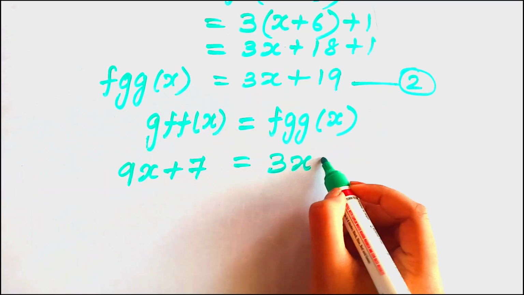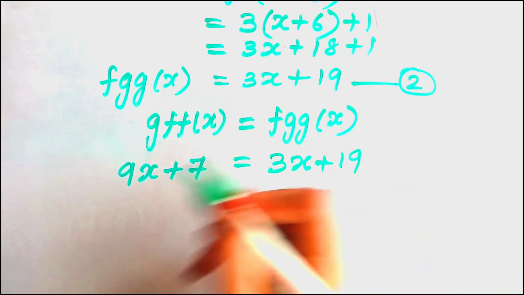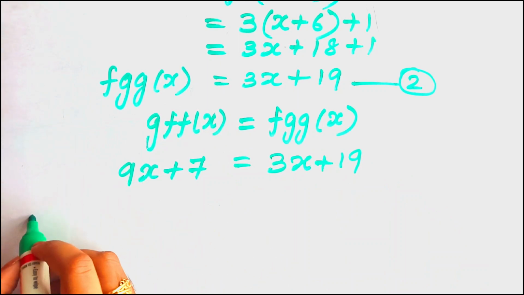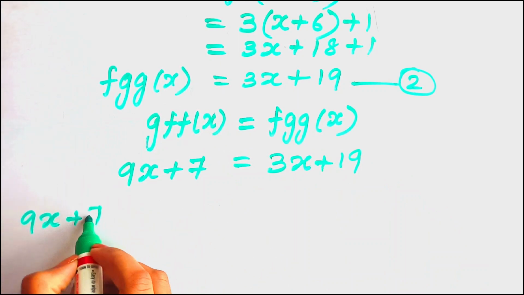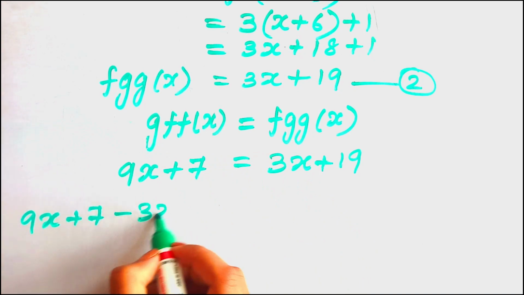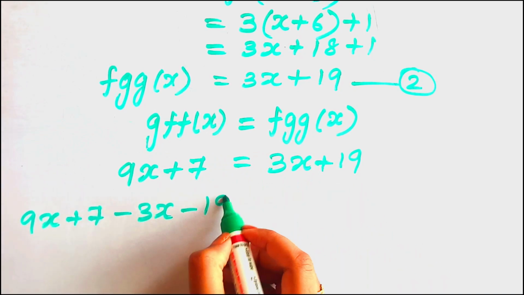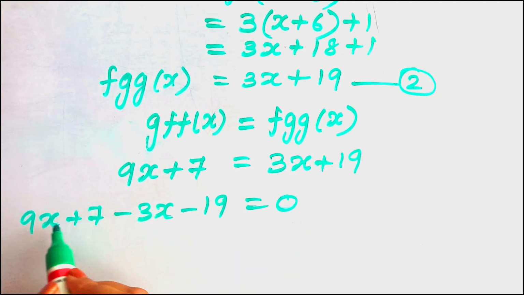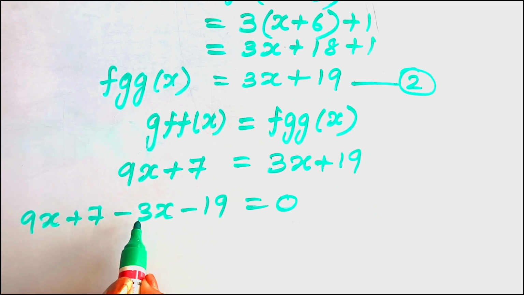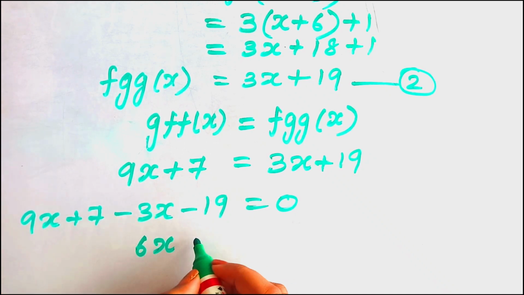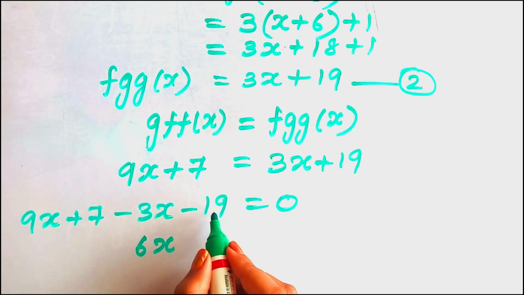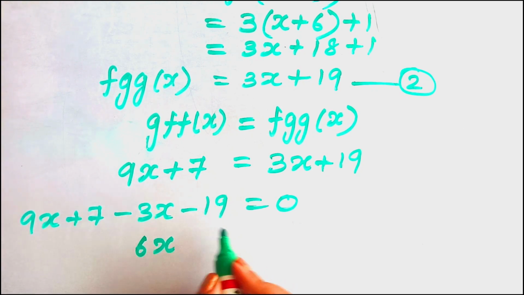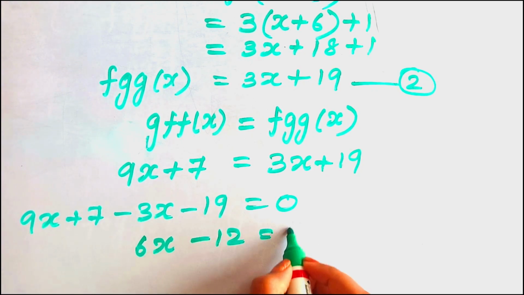Let's substitute that here, and now let's take every term to the left hand side, so that we'll get 9x plus 7, and plus 3x will become minus 3x, and plus 19 will become minus 19, is equal to 0. Now let's add these two things, which is 9x, here there's a minus, so we have to subtract 9x minus 3x, it will be 6x, and here it will be 7 minus 19, it will be minus 12, is equal to 0.